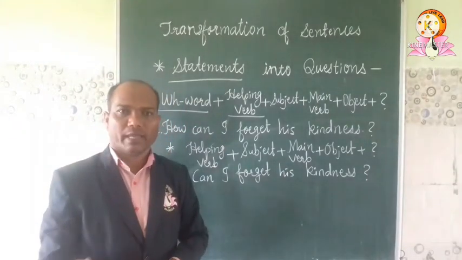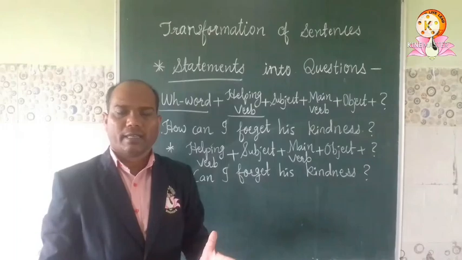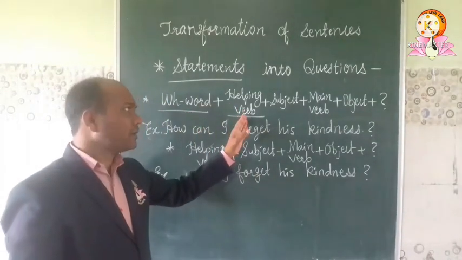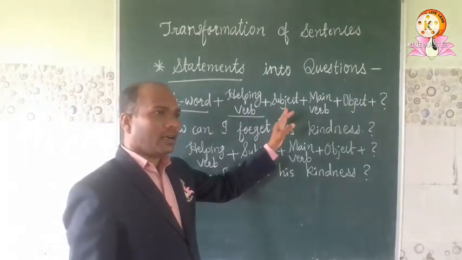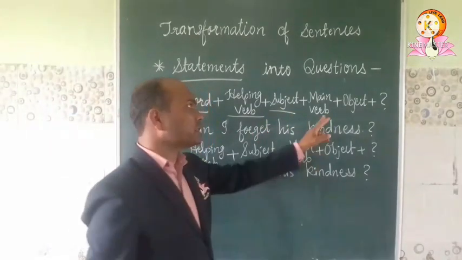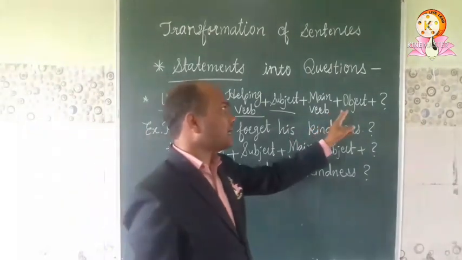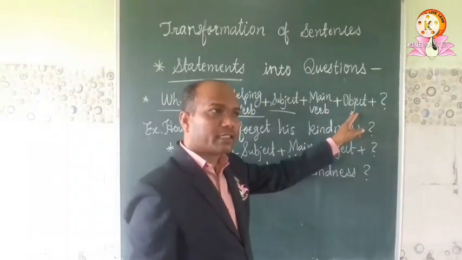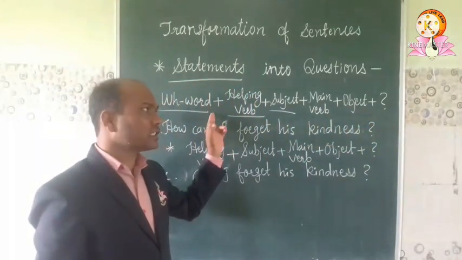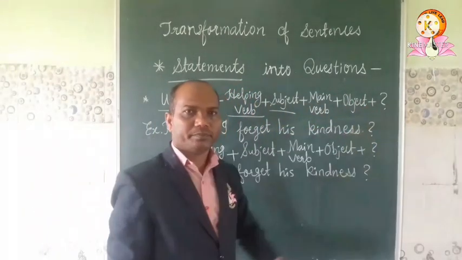How, who, where, what, why, etc. Then they are followed by the helping verb. Then here subject. After the subject, we can use the main verb and it is followed by object. At last, we have to use question mark. The WH question ends with question mark.